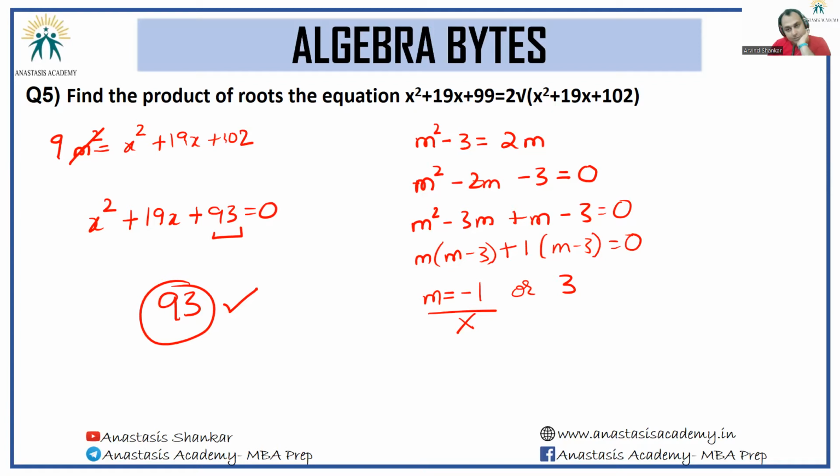Why can it not be minus 1? I now see this is under root m square. So the result that we get here has to be a positive number only. We cannot get a negative number. This is a positive root. So when we are getting minus 1, this is not possible. Therefore, the answer to this question has to be 93.